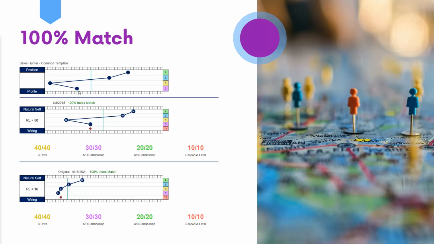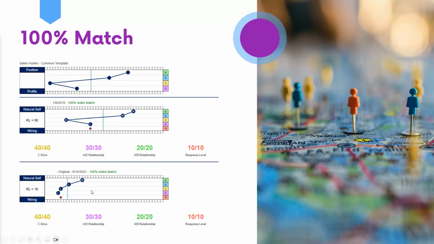Now, when we factor drive intensities, it creates a little bit of a difference in how we think about the profile. And why that's important is because you could have 2 applicants, and these are examples that are on the screen here. You have applicant number 1. They're 100% match, A greater than B, task over social, low C, A greater than D, generalist profile, 100% match.